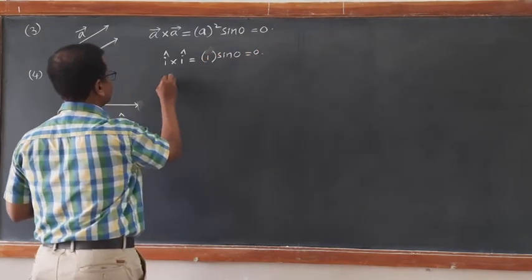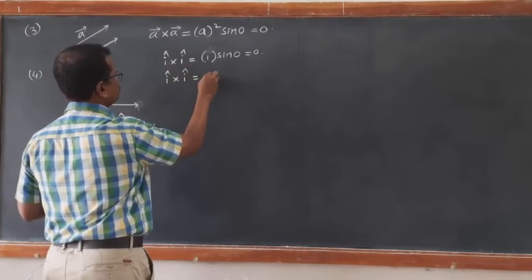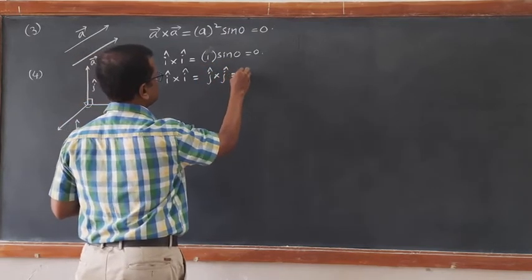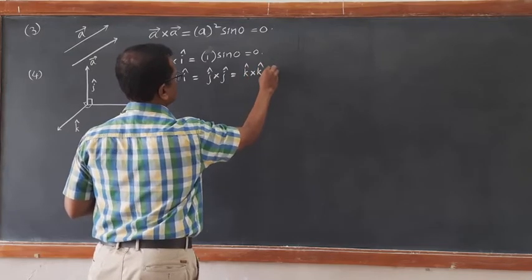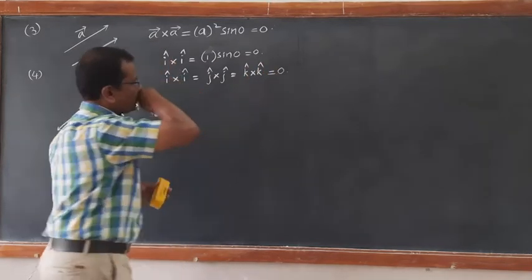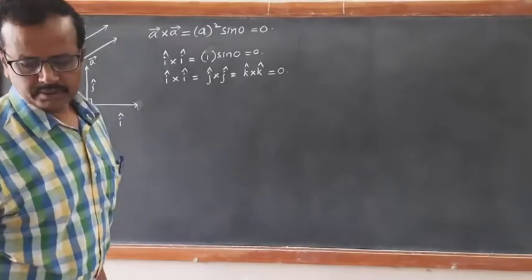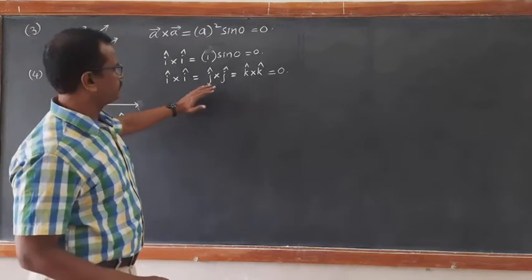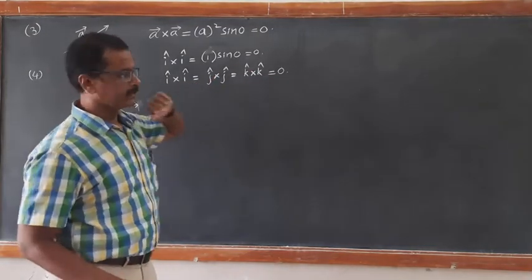Therefore I can conclude I cross I equal to J cross J equal to K cross K equal to 0. So it gives you the null vector. Multiplying a vector with the same vector in a vector product gives you the null vector.